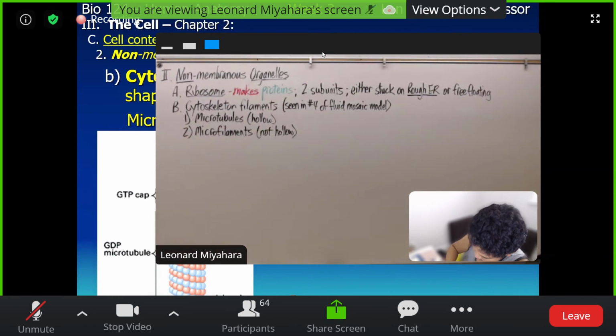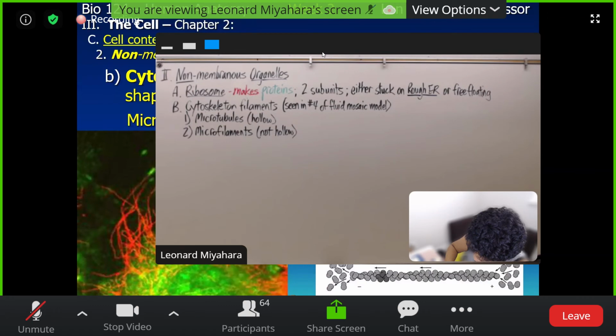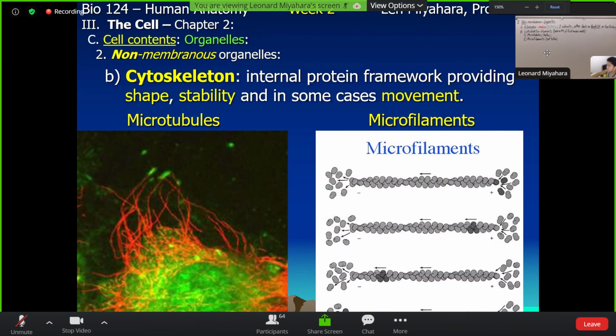And microfilaments are not hollow. They will form also, in this case, a double helix, but they are not hollow. But each one of those molecules is a protein. Okay.